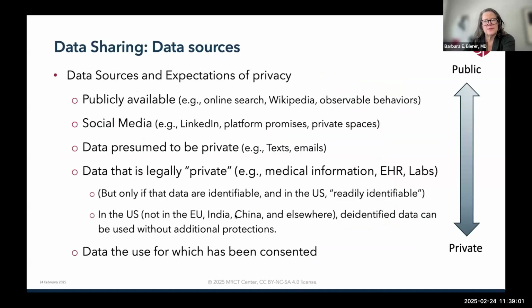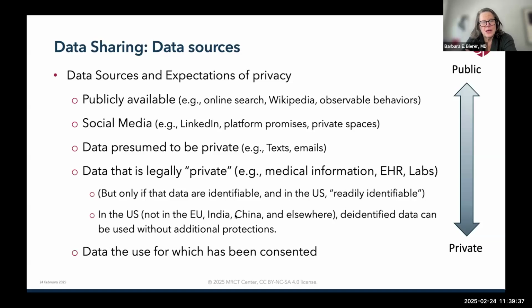So let's talk about some of these. So first of all, the data sources. Depending on the data source, individuals have their own expectations of privacy. If something is publicly available, on an online search, Wikipedia, or observable behaviors, like how many people jaywalk crossing a street, or how do people hold their coffee cup, there's no expectation of privacy in that case.